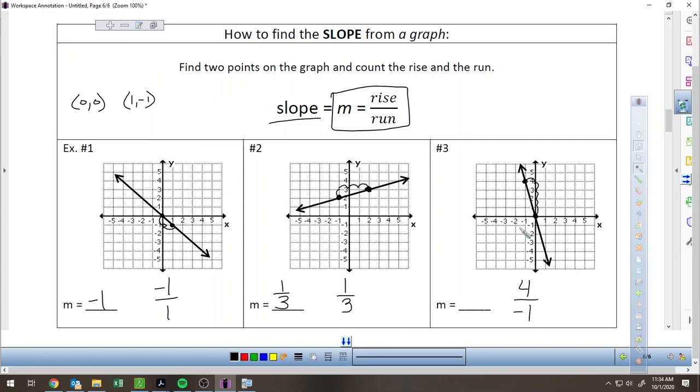Negative 1. I'm going to the negative direction, which is left. Negative 4. If you went down, that means you're going down 4, which is negative 4. You're going right 1, which is a positive 1, which is still negative 4. Yeah, it doesn't matter.